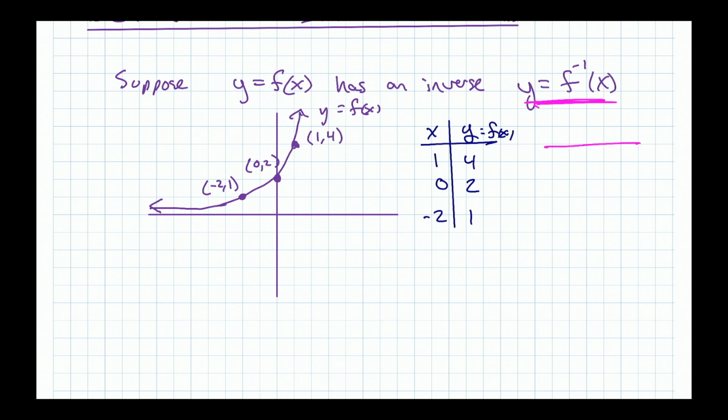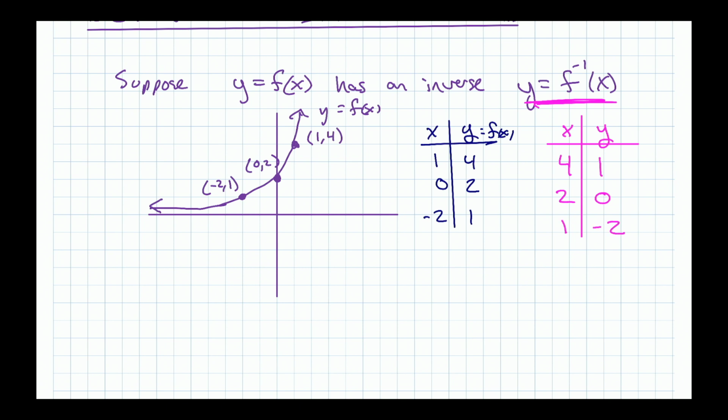Then for the inverse function y equals f inverse of x, you have the same x and y values, they're just reversed. So instead of 1 comma 4, you're going to have 4 comma 1. Instead of 0 comma 2, you're going to have 2 comma 0. And instead of negative 2 comma 1, you're going to have 1 comma negative 2.